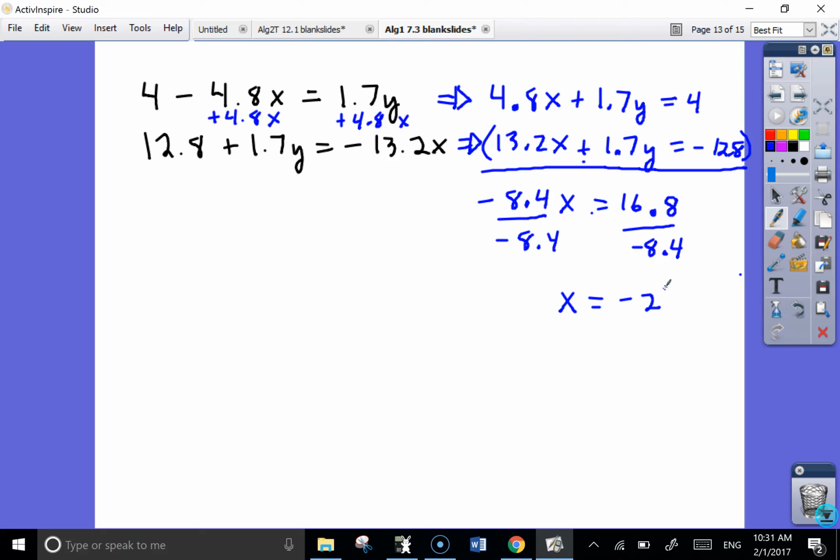And then to solve for the other variable, I'll go up here. 4 minus 4.8 times negative 2 equals 1.7 times y. 4 plus 2 times 4.8 is 9.6.